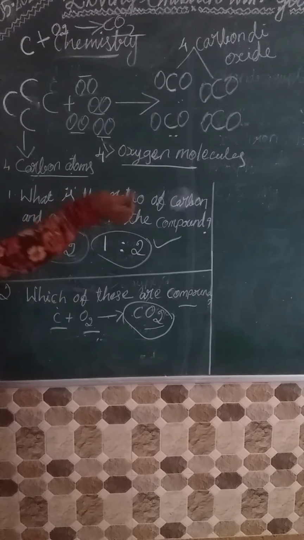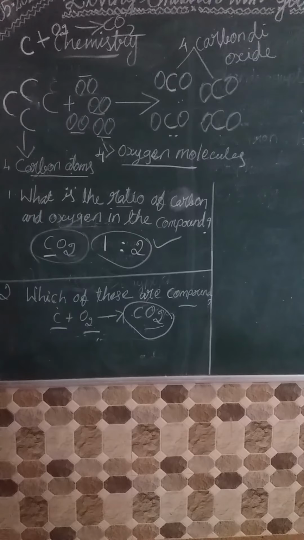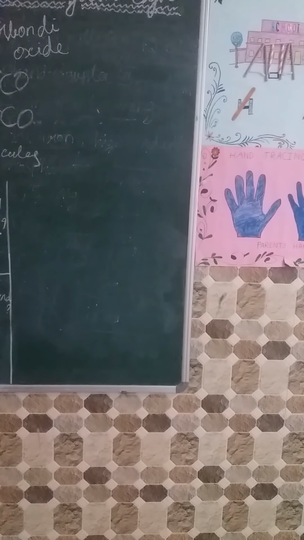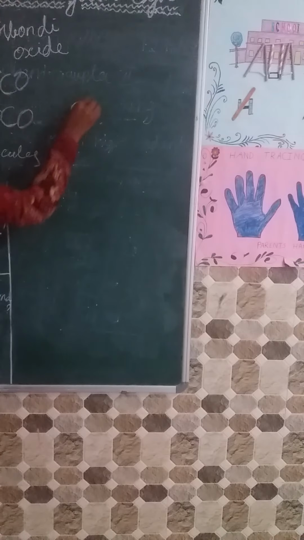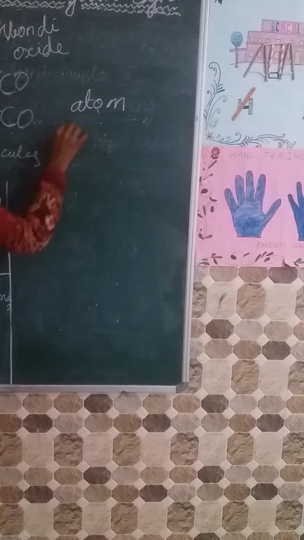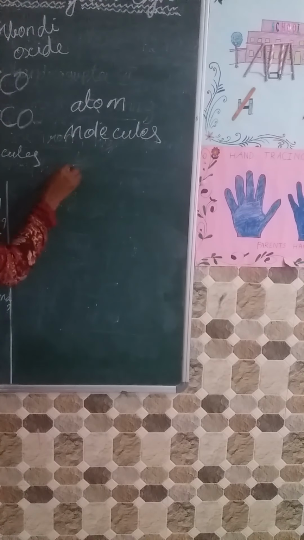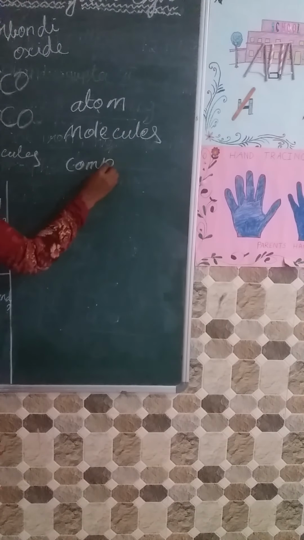I need to explain this again. Let me explain what an atom is. We can see examples of atom, molecule, and then compound.